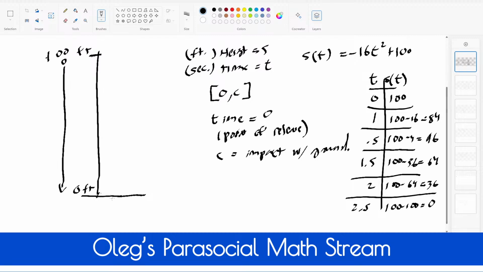So we're going to go in 0.5s. 0.5, 1, 1.5, 2, 2.5. Okay? So this is our first point. We have 0, 100. The next point is going to, and we should also divide the 100. So let's say this is 50, this is 75, this is 25. Okay, let's do it that way. So we have 100, then we have 84.